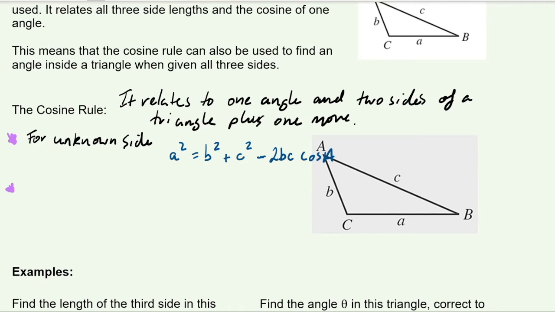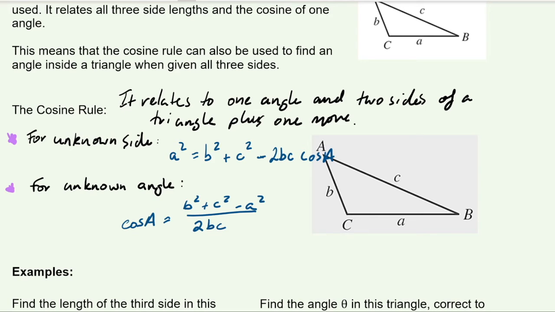Now for the unknown angle, we're going to use cos A. Let's label our unknown angle as the capital A, uppercase A: cos A equals b squared plus c squared minus a squared this time, all over 2bc, because the cos A is now on the other side.